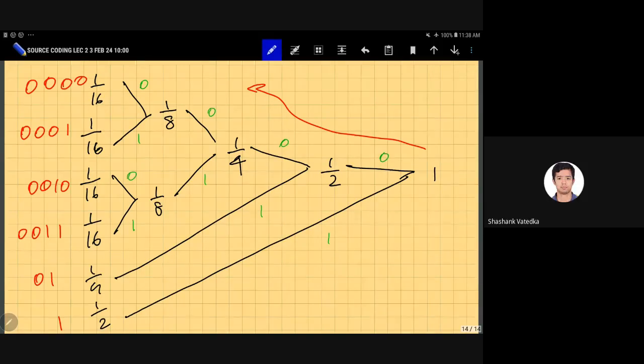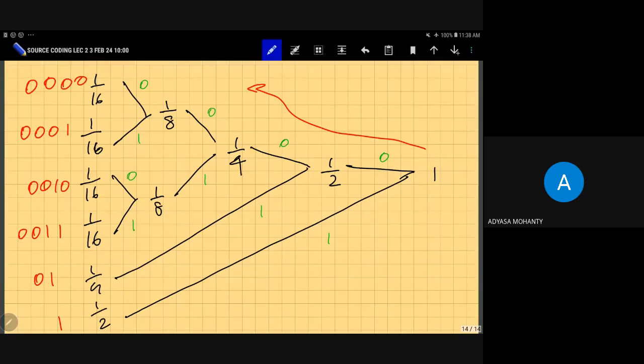So at every stage you just follow the same rule. Take any two symbols with the least probability, merge them to form a super symbol. Doesn't matter which two you combine. Does that answer the question, or was it something different?